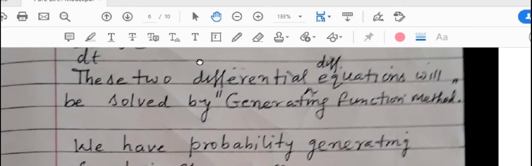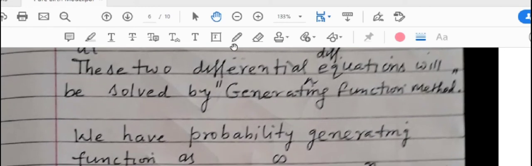If you revisit and remember your previous knowledge about the generating function, whatever generating function we define, the function generates that one. Therefore its name is generating function method. For example, since the concept is involving probability, the generating function will be the probability generating function.